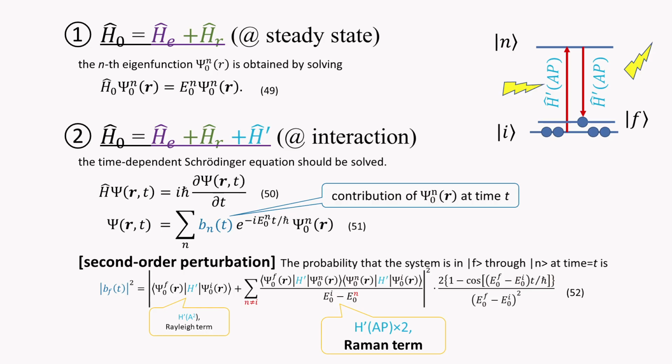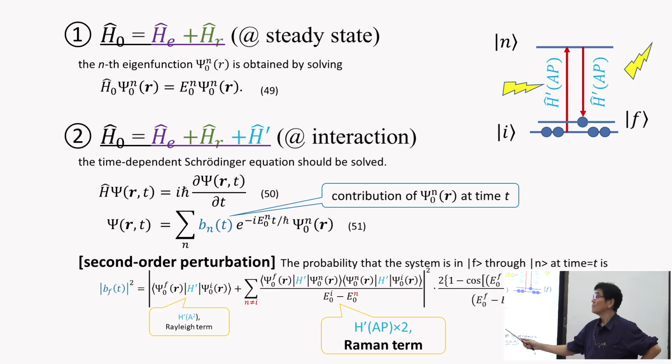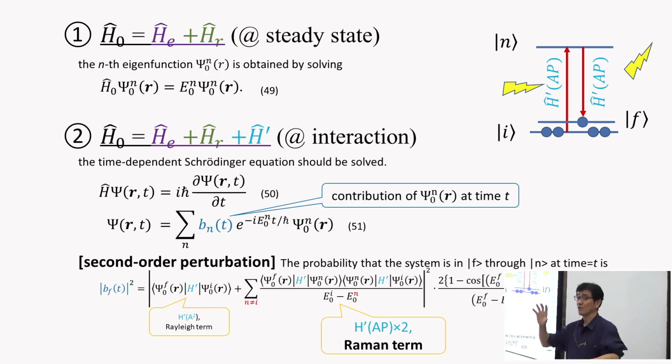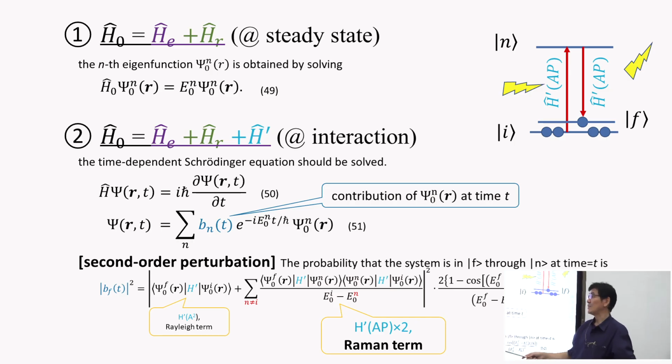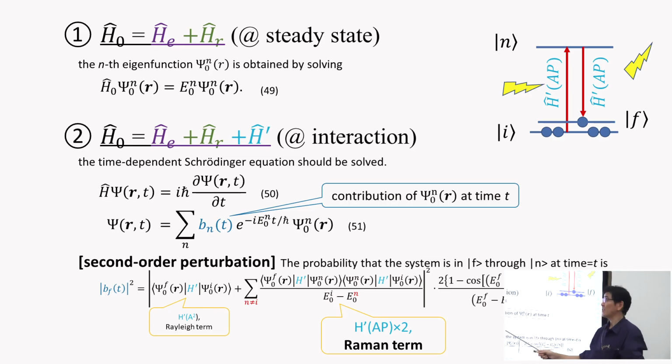Then let's move to the interaction part. In this case, the Hamiltonian should also include the interaction Hamiltonian, right? Then, because of this term, the status of the molecule or the wave function changes time by time. For this reason, we need to solve the time-dependent Schrödinger equation.